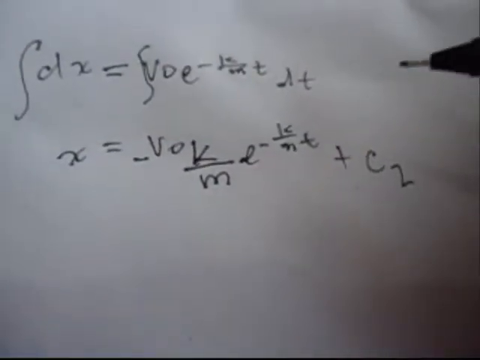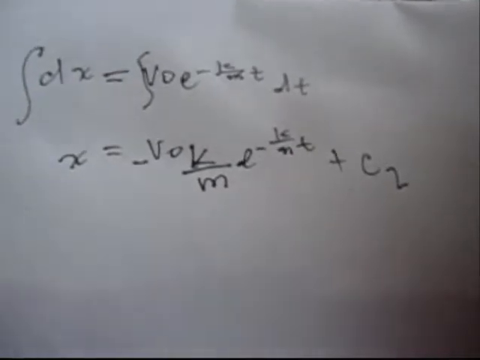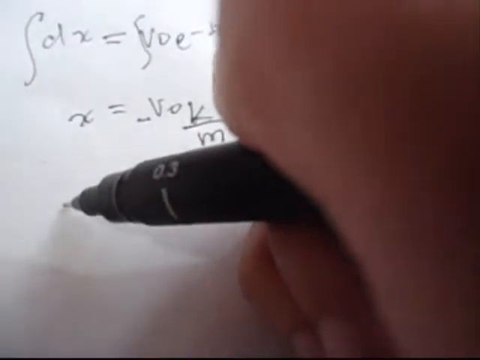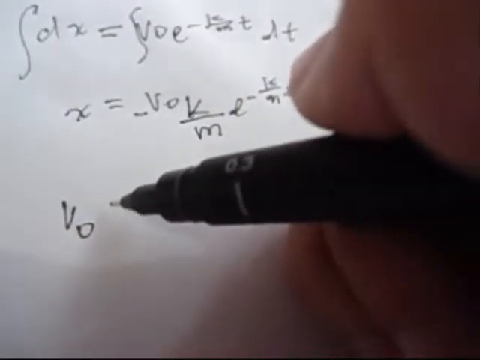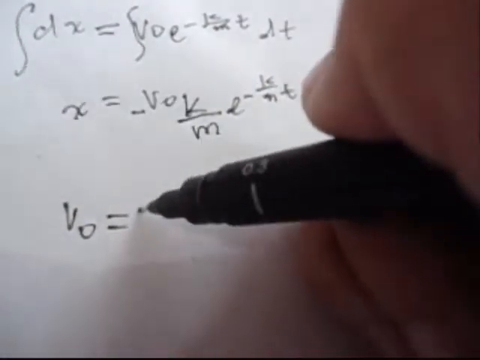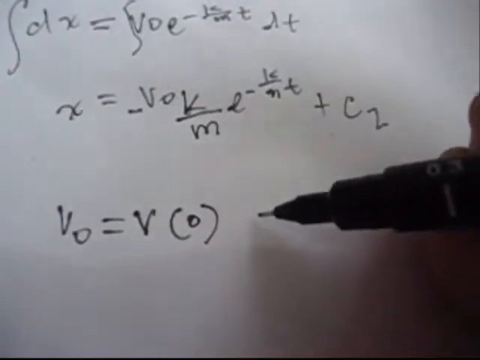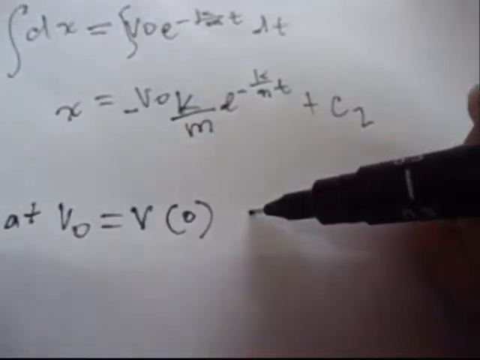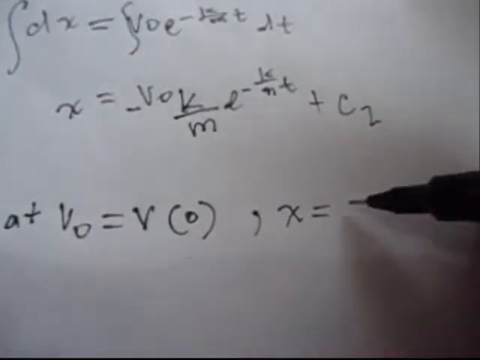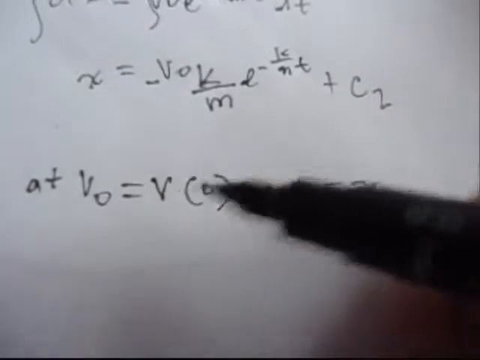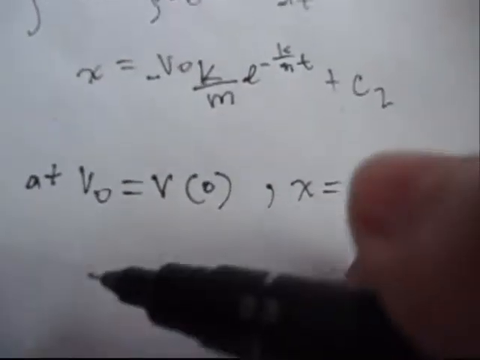So now, in order to complete the expression of x, we need to find c2. In our problem, it is given that at time equals 0, where the velocity is v sub o, x is equal to x sub o.